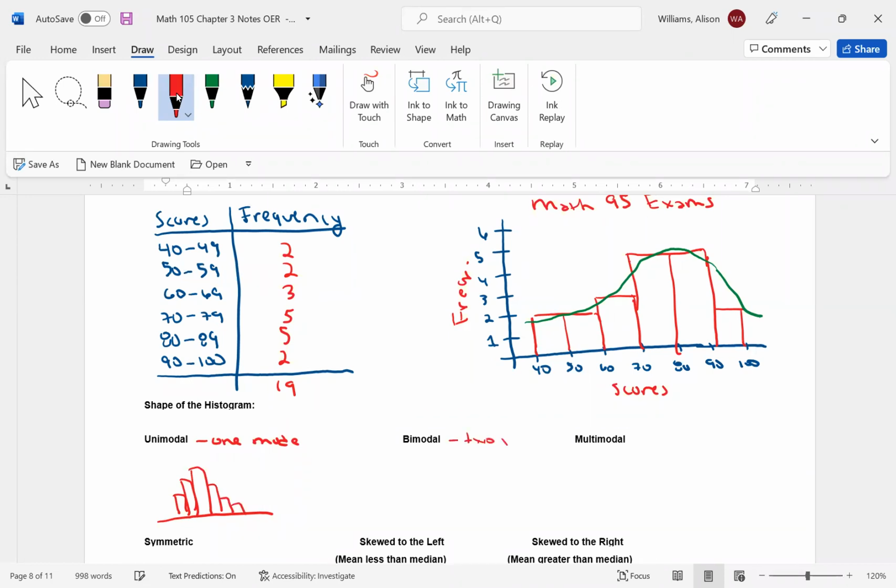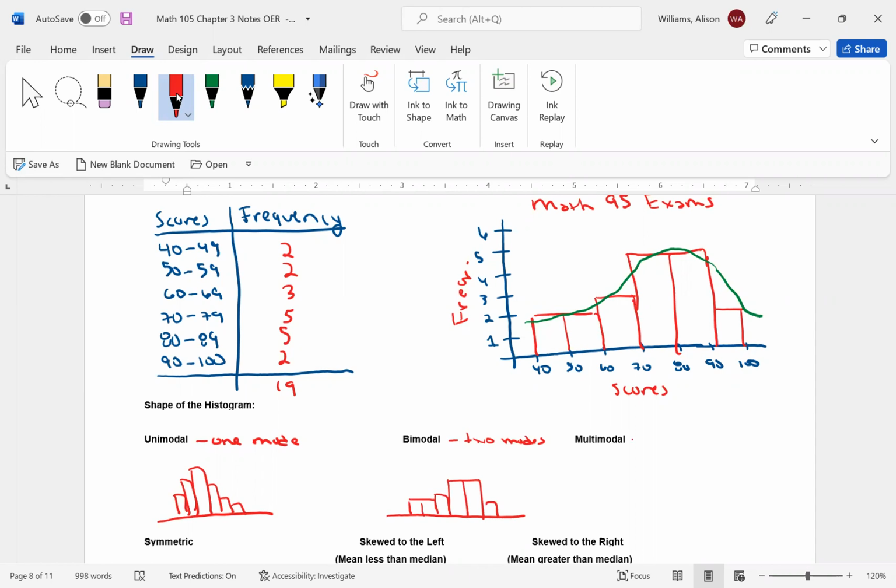Bimodal is obviously two modes. So in that case, my picture would work because I have two categories tied for the biggest. Here, I'll just kind of rough sketch it. Two there, and there.